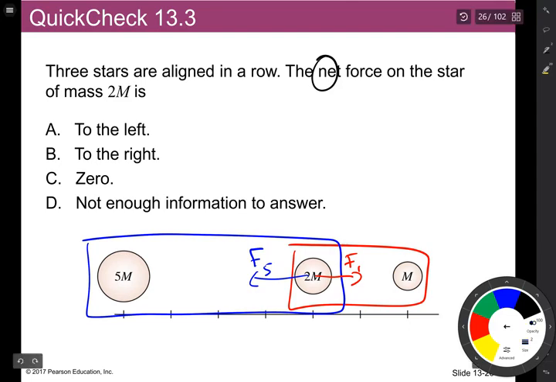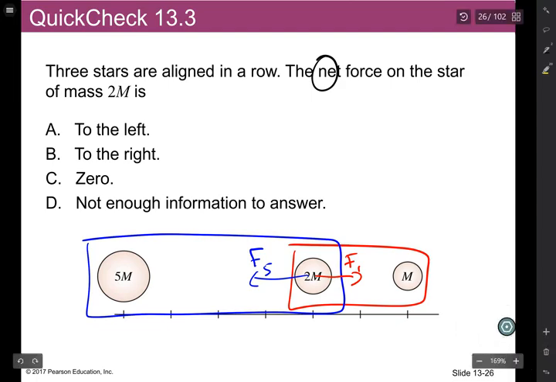Now, if we want to know the net force, we just have to add those vectors, which in this case, because they're in a straight line, really isn't all that bad. So let's calculate what those two forces are, and then we can do it, right? F1 is G times m1, 2m, times m2, which is m, and we're going to make each one of these units r. Right, so each one of those units is r.